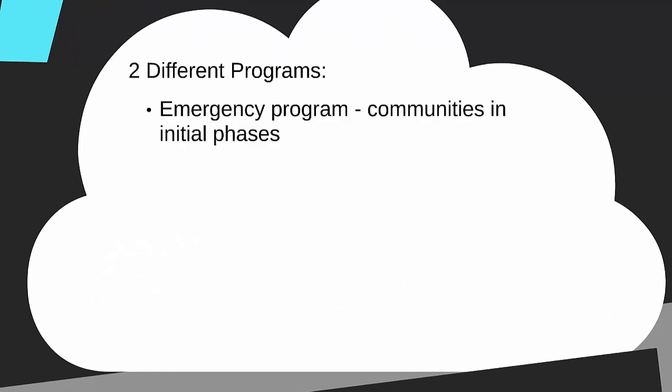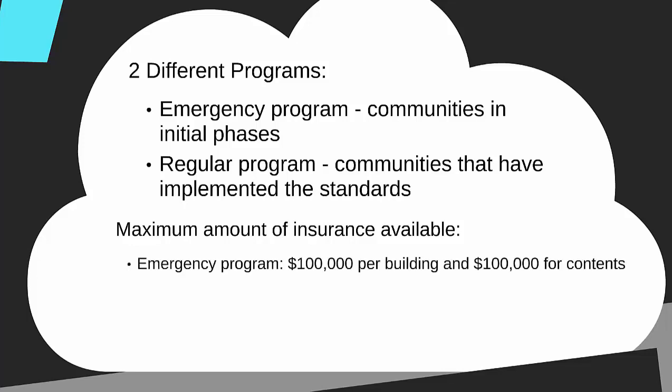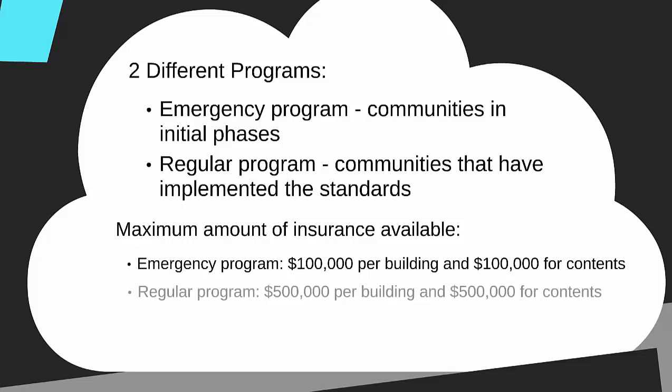First is the emergency program, which is for communities in the initial phases. And next is the regular program, which is for communities that have fully implemented the standards. The maximum amount of insurance available depends on whether your community is in the emergency program or the regular program. The emergency program maximum limits are $100,000 per building and $100,000 for contents.